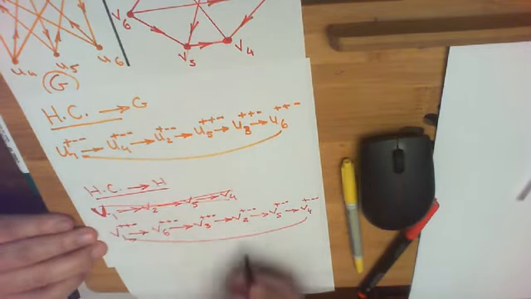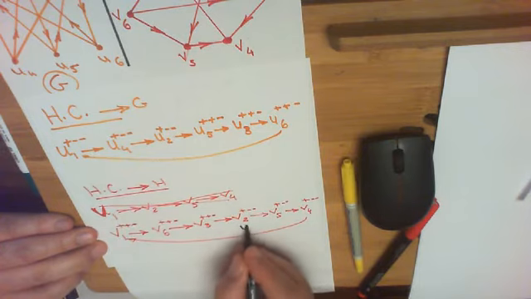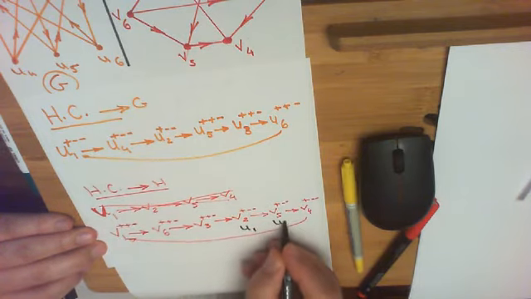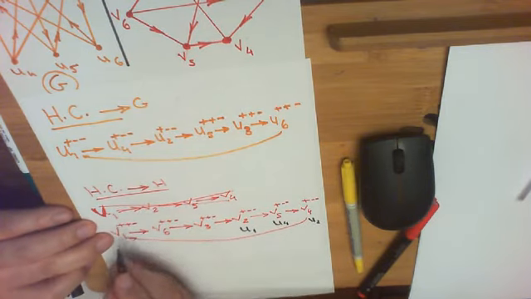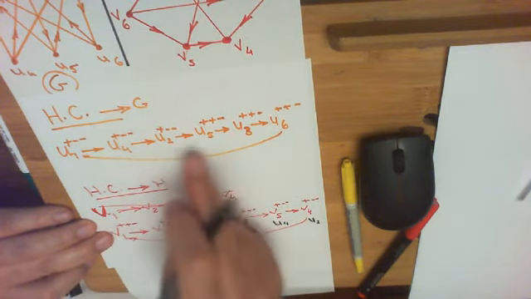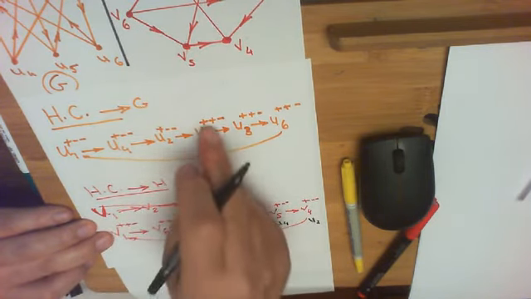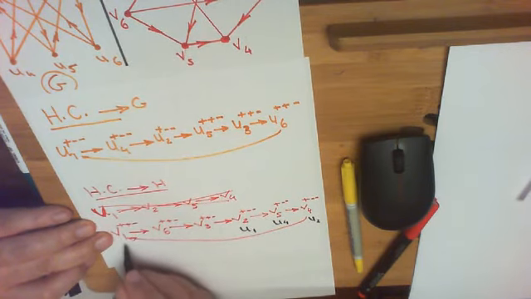Complete. Here is U1, here is U4, here is U2. Now, after U2 there is Qayyub, plus plus minus. This is U5.